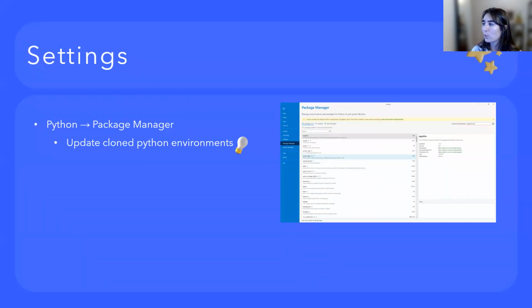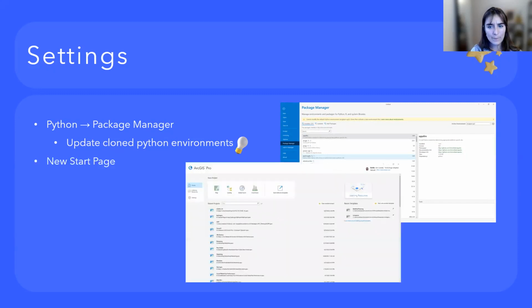This page supports the upgrade of Conda environments that you've created in a previous version of ArcGIS Pro. You can repair a broken environment, you can update it, and as those updates are being made, you can keep track of a task queue, so you can keep track of the update.